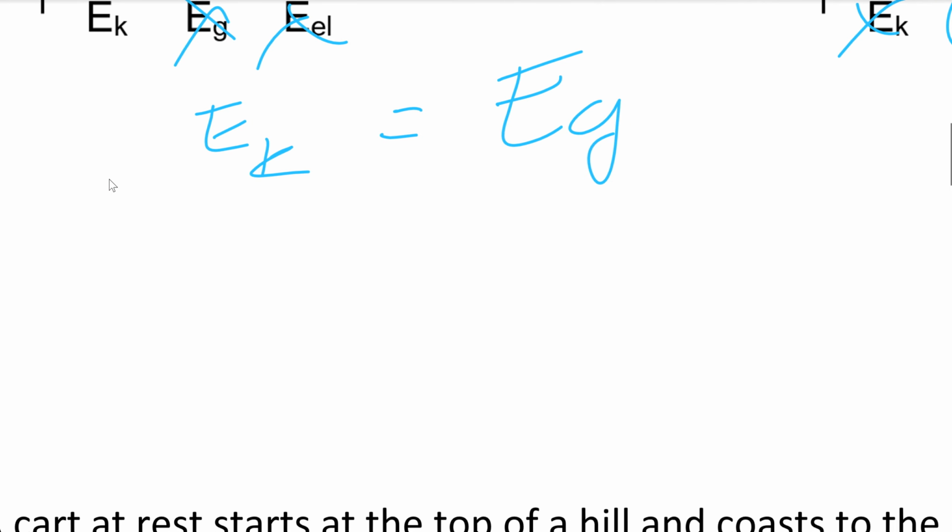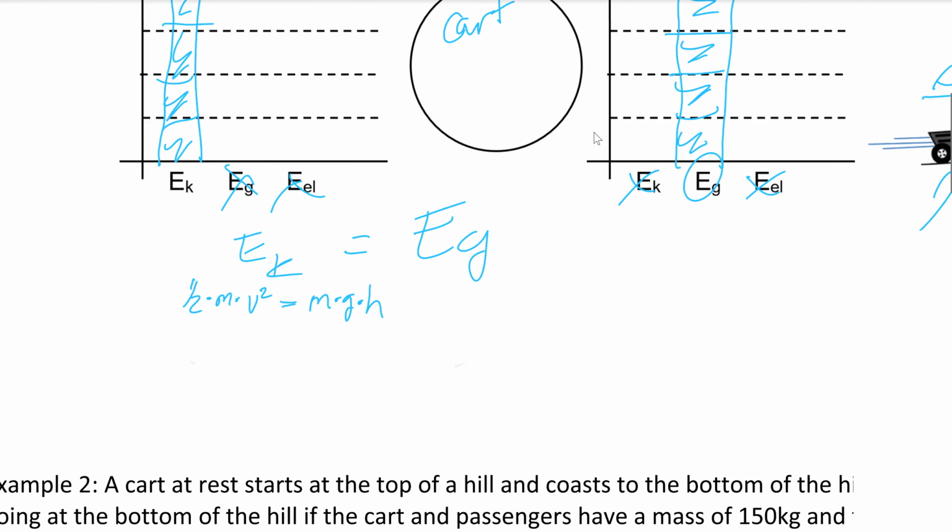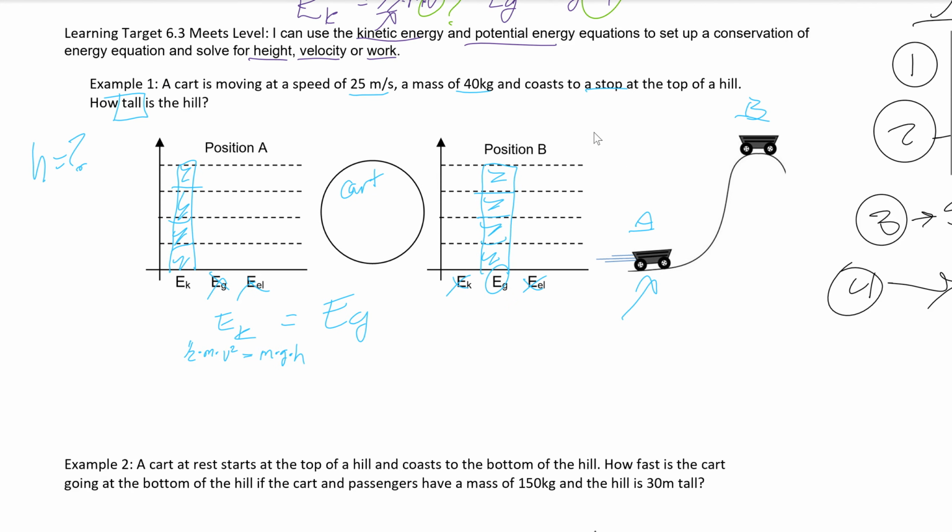Now, that's nice, but we want to know exactly how much energy that's going to be. So we're going to substitute in our equations for both of these things. So we've got 1/2 times the mass times the velocity squared. That has to equal the EG, which is going to be mass times gravity times height. Okay, so now that we have those things, we can go back to our original equation and say, hey, look, this is the velocity, 25 meters per second.